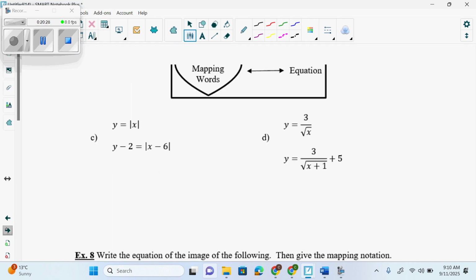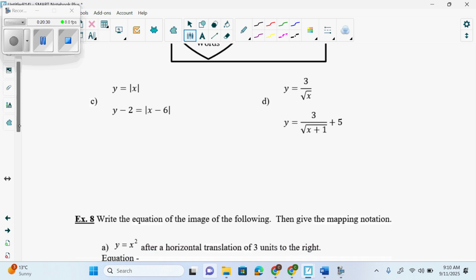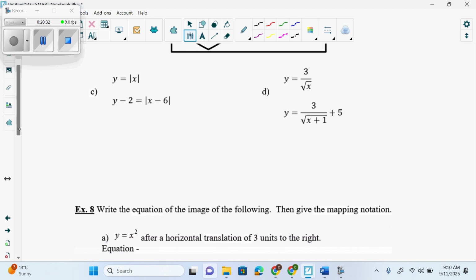Remember, you're only commenting about what changed. If it's with the x, it affects the x. If not, it affects the y. For this first one, what do I have to do first? Move the 2. Yeah, get into y equals. And have a 1 in front of my x, which I already do. Yes? Then I compare what's different. This one has absolutely nothing happening to it, so both of these affect it, correct?